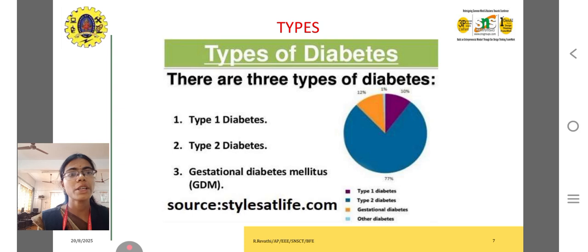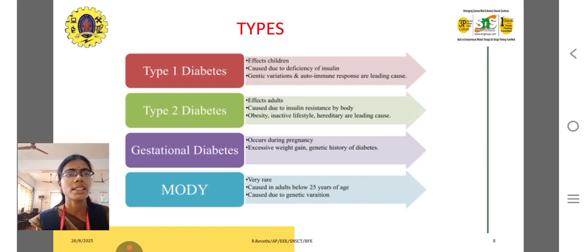Types of diabetes are type 1 diabetes, type 2 diabetes, and diabetes mellitus. A lot of patients have type 2 diabetes, a particular number of people have type 1 diabetes, and certain levels have diabetes mellitus.